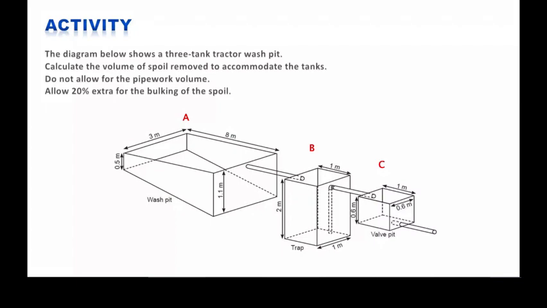I added those original volumes together. 0.36 plus 2 plus 19.2 gave me 21.56, and then times that by 1.2, which is what you started with, plus 20%. And that gave me 25.872 cubic meters of excavated soil, including the bulking.